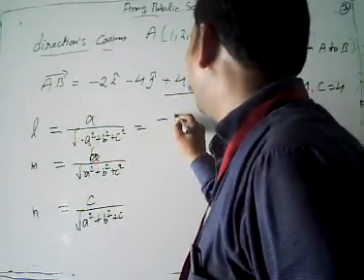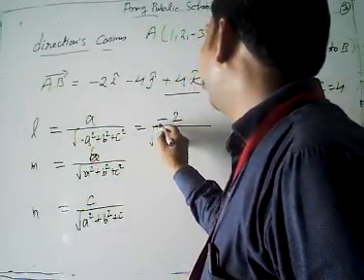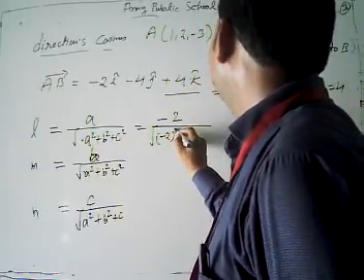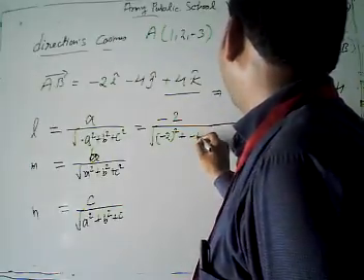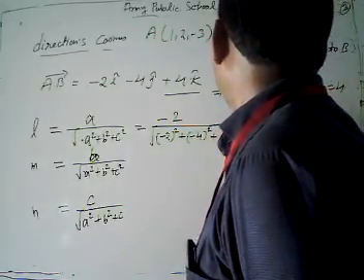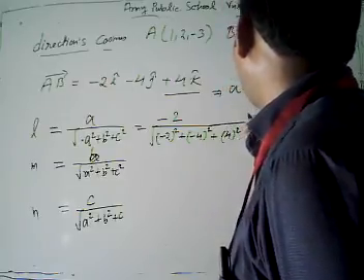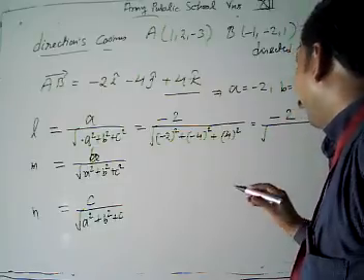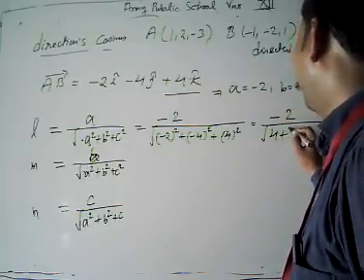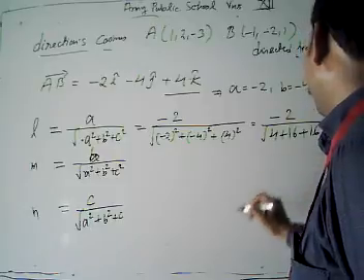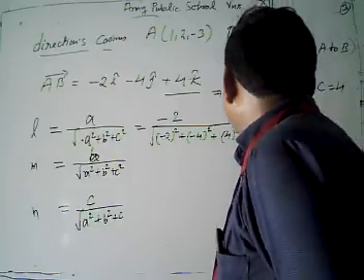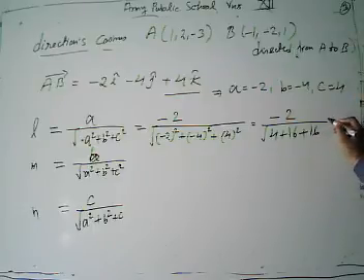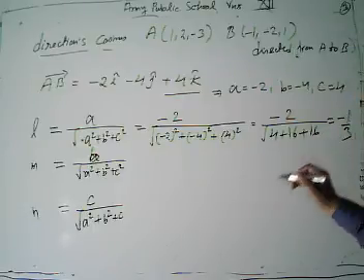It's minus 2 upon its magnitude, the square root of minus 2 whole square plus minus 4 whole square plus 4 whole square, which is the square root of 4 plus 16 plus 16, that is 36, so the square root is 6. Then minus 2 upon 6, we get minus 1 by 3.